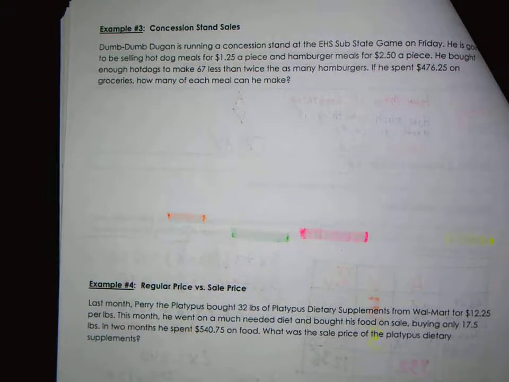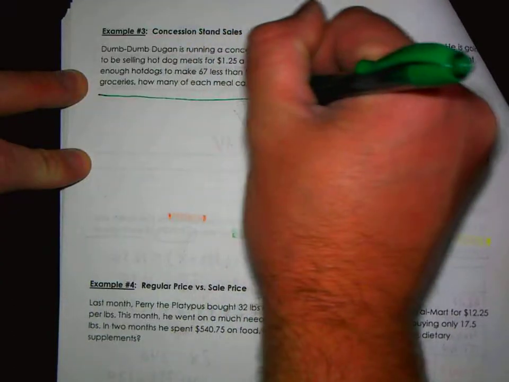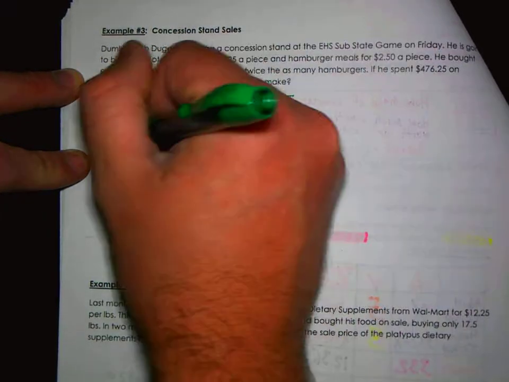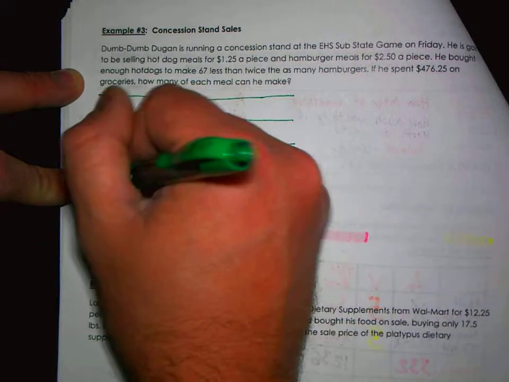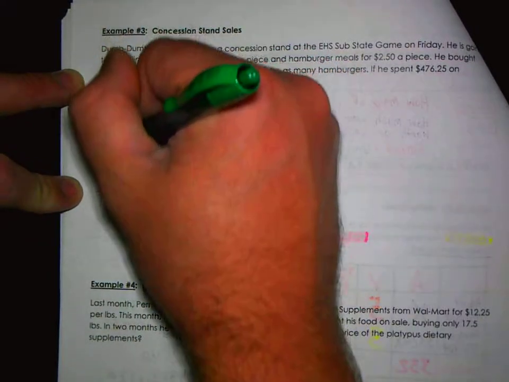I would start off by making a table. Five lines this way, 5 lines this way.